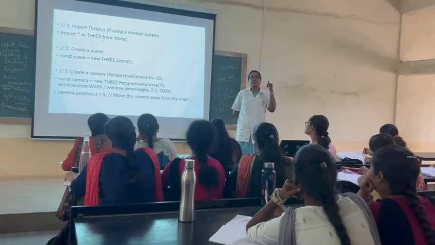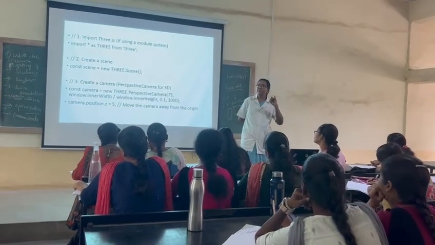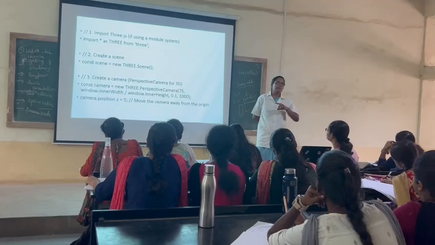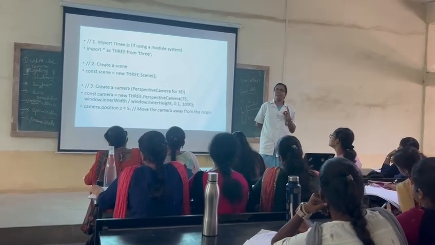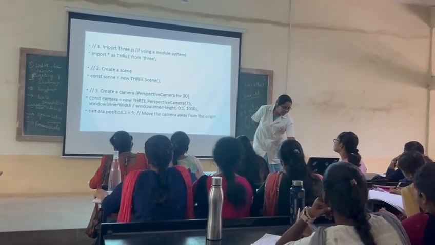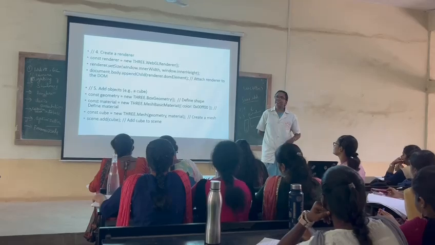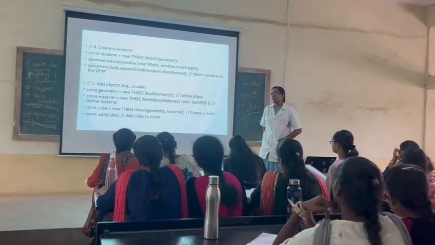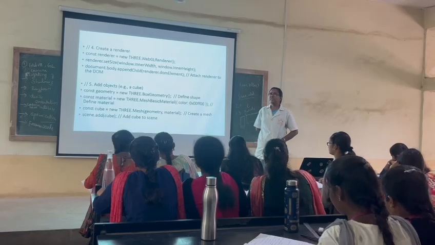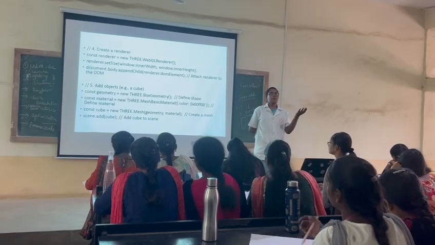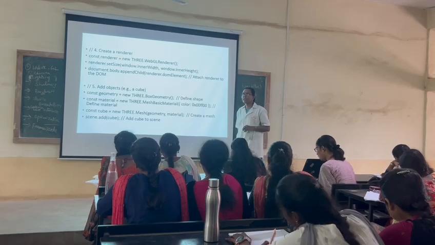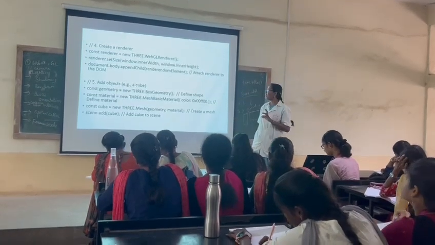Okay, so I imported the 3JS library. Second, I created a scenery. To animate that scenery and view it, I assigned a camera. Next step, renderer. Final step, renderer. Renderer is a device which we can use to render the scene created virtually and display it in the display unit.